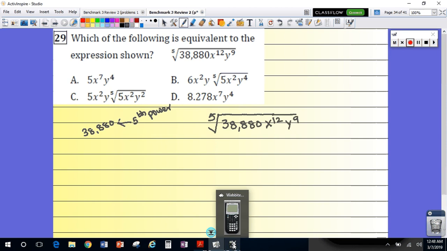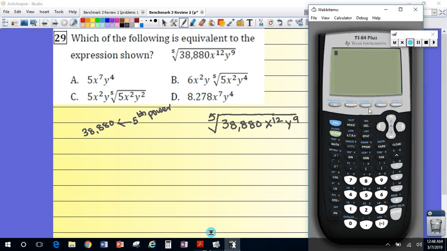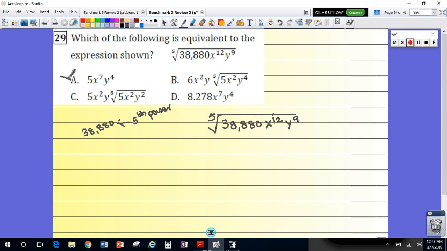Okay, let us pull out the calculator first. Now the first option says that you have 5 here, right? So what is 5 to the exponent 5? So 3125. But here we have 38,880. So the option A is wrong.